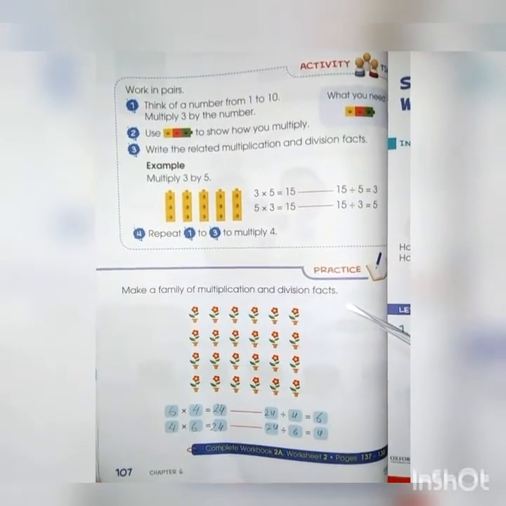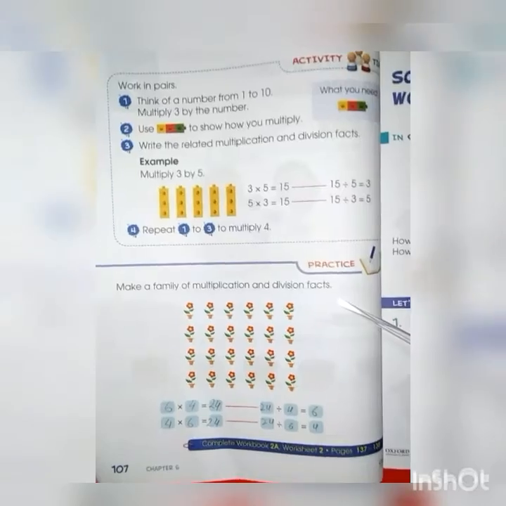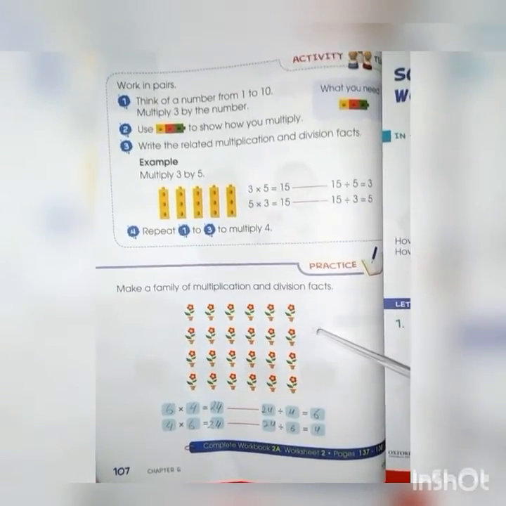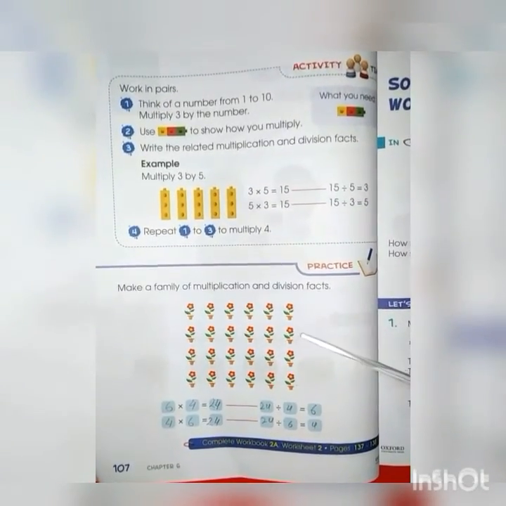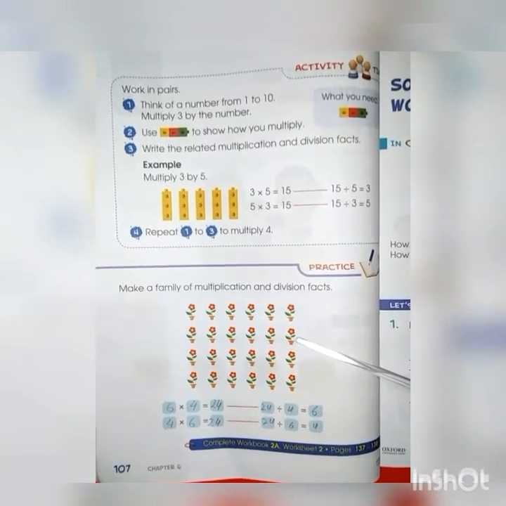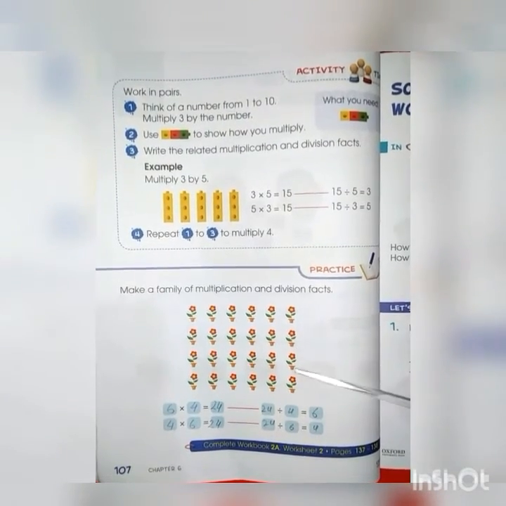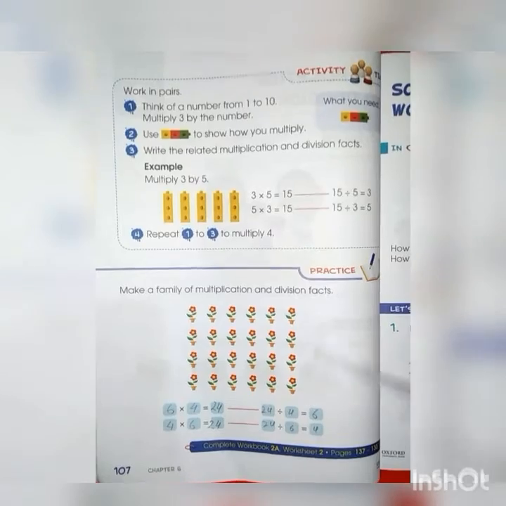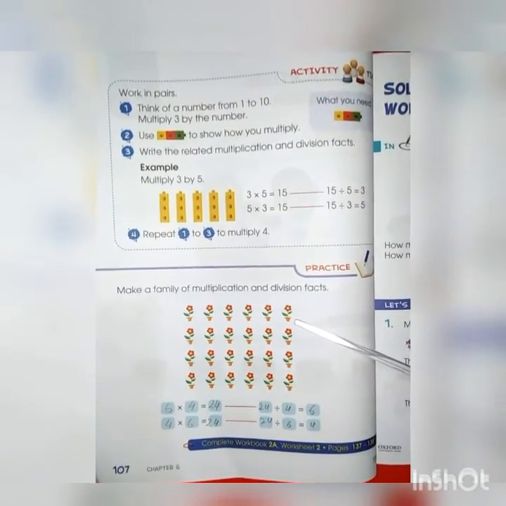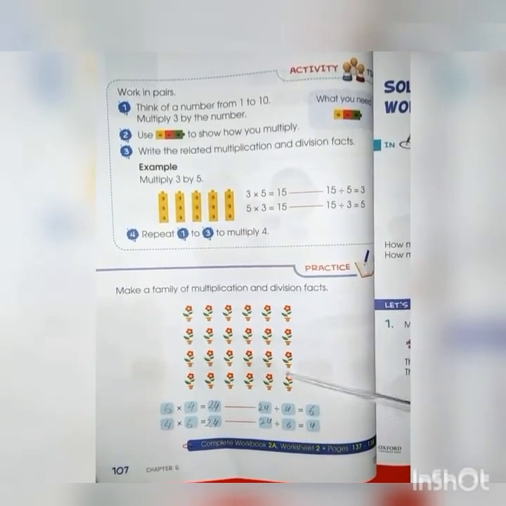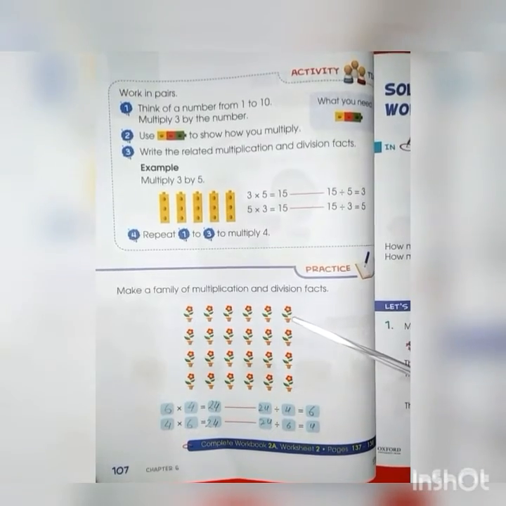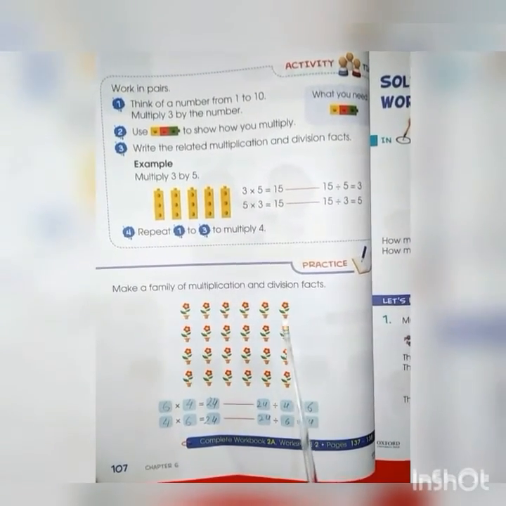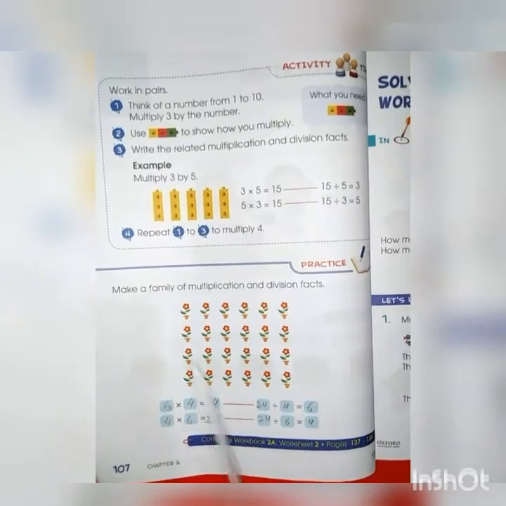Practice. Make a family of multiplication and division facts. Dear students, as you can see here, there are 24 flower pots and there are 4 groups of these flower pots and each group has 6 flower pots. 1, 2, 3, 4, 4 groups and each group has 6 flower pots. 1, 2, 3, 4, 5, 6.